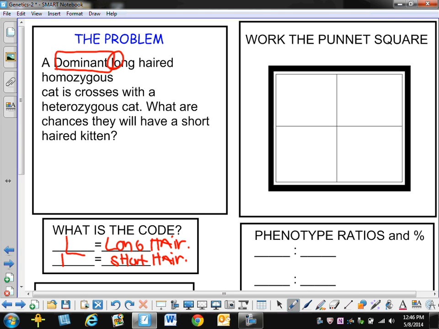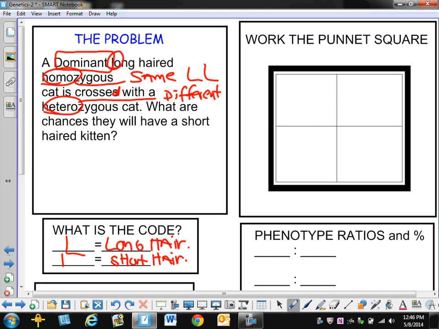All right. Dominant, long-haired, homozygous. Homo means what? Same. So that just told me that what we've got here is big L, big L. The cat is crossed with a heterozygous. What does hetero mean? Different. Good, guys.